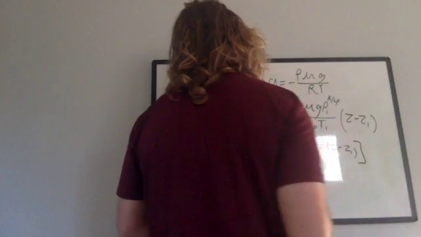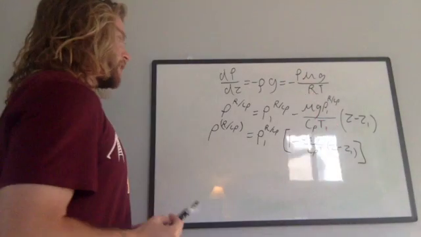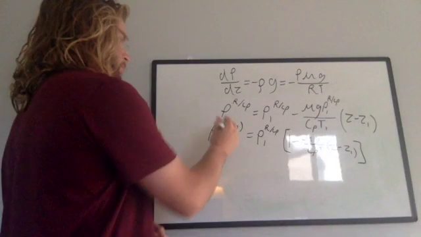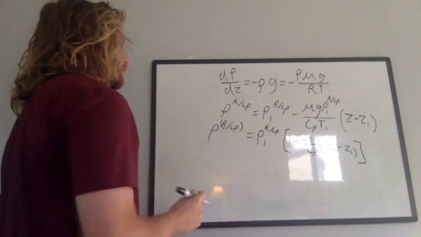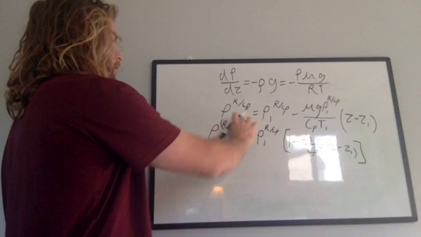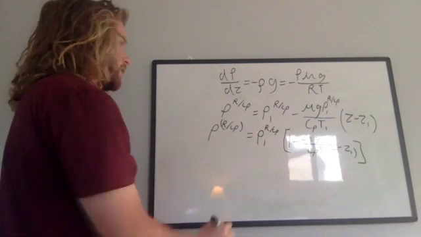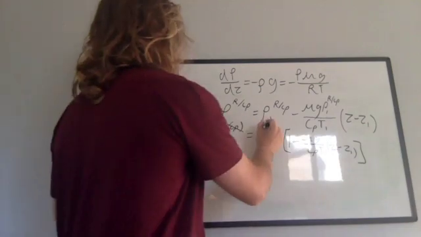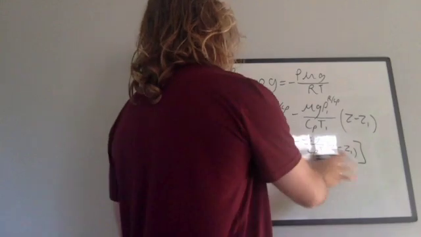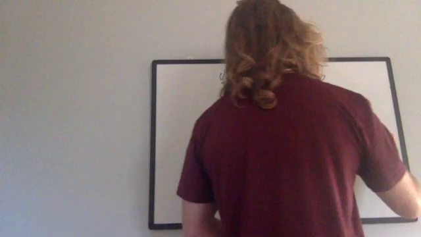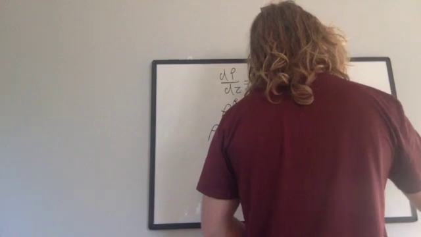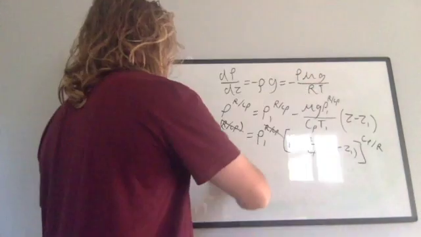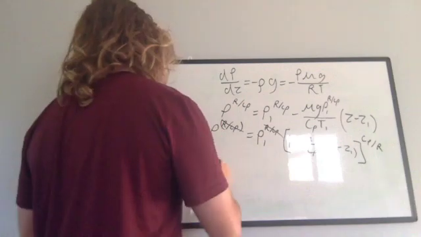And what we can go ahead and do now is raise everything to the Cp over R power, so we can get these exponents to cancel out, right? So if we go Cp to the R, the Cp's are going to cancel and the R's are going to cancel. So these exponents are going to go away. And then we're going to raise this term over here to the Cp over R. And there you have it. That is going to be our expression for pressure.